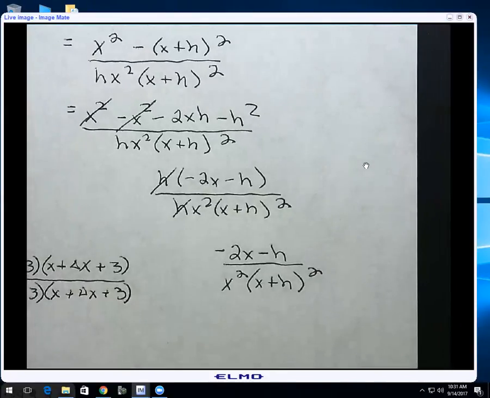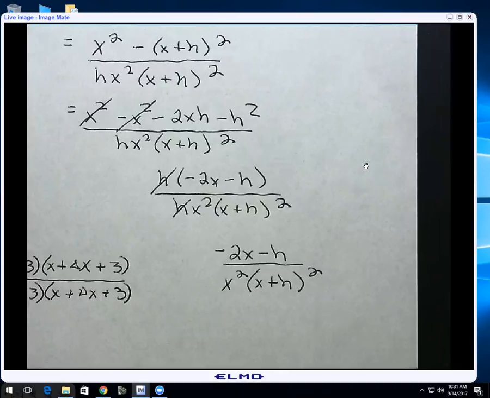That lacks just a tiny little something to being a derivative. If I attach that limit as h goes to 0, then it would be a derivative. But right now we're practicing the algebra. Calculus will attach that limit as h goes to 0 and figure out what that means.